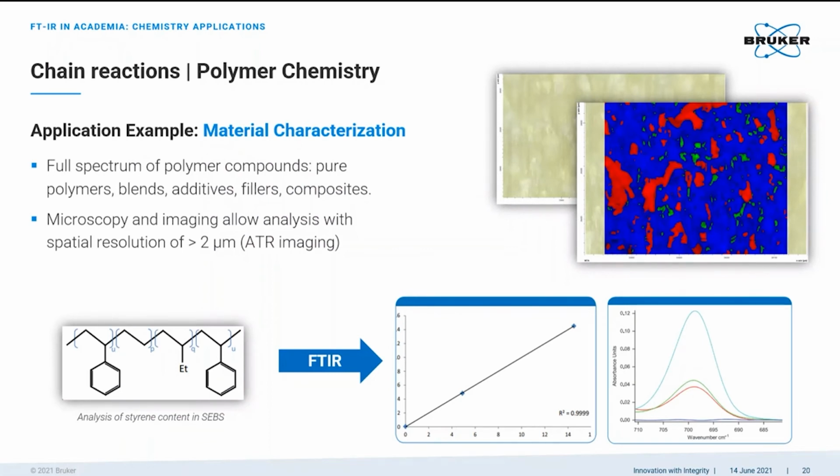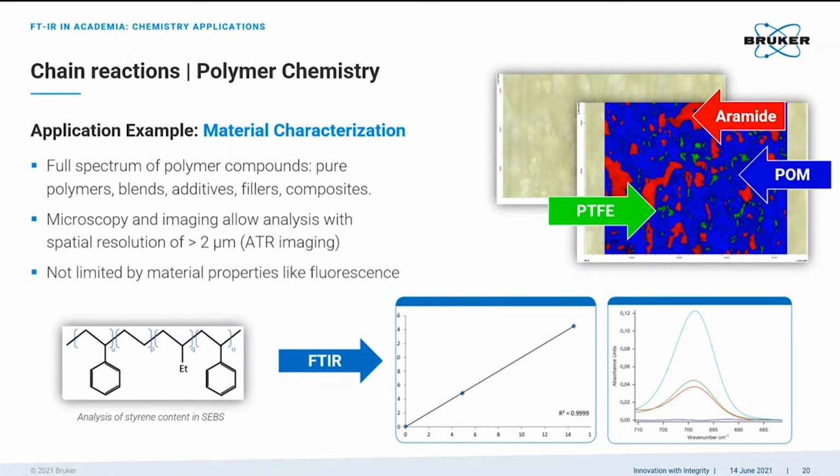In the example data shown here, the chemical composition of the sample surface and the spatial distribution of the 3 components are revealed and illustrated nicely. Again, I would like to highlight that FTIR is not interfered by material properties like fluorescence and is universally applicable, not only for polymers, but to any spatial chemical distributions.